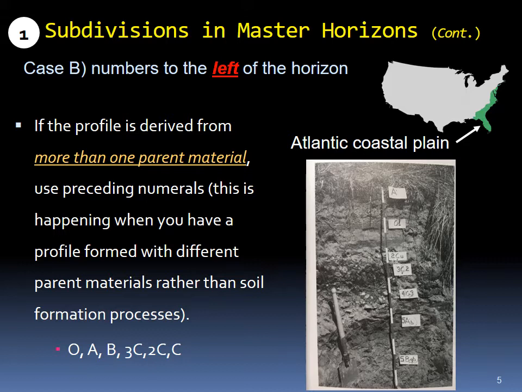In a normal case, we have A, B, C, for example, and these A, B, C horizons are formed because of the soil formation processes and factors. In the current case, you would see that you have AB and then another AB, but you would have numbers to the left.